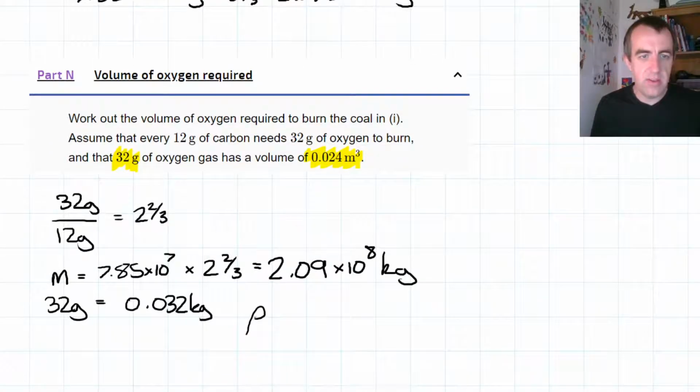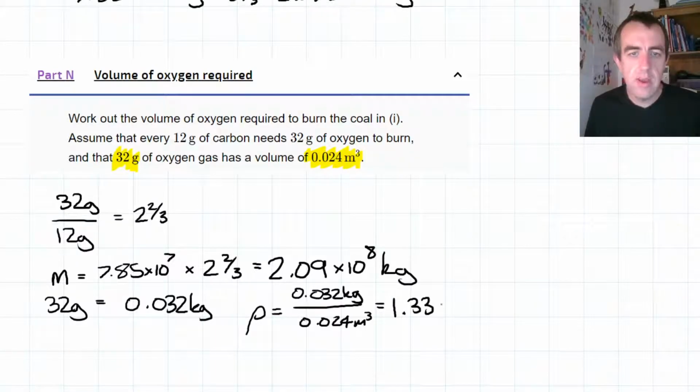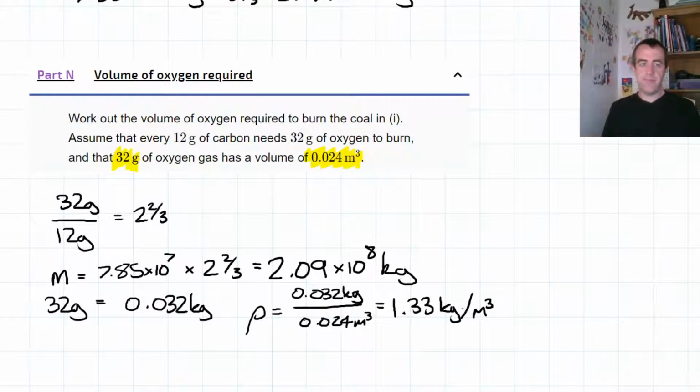And the density of this oxygen, I use the symbol rho here for density, is the mass, 0.032 kilograms, divided by the volume, 0.024 cubic meters. So 0.032 divided by 0.024 gives us about 1.33 kilograms per cubic meter, almost the density of air. So that's the density of oxygen.